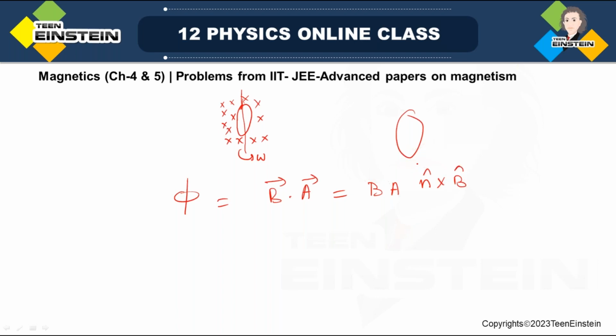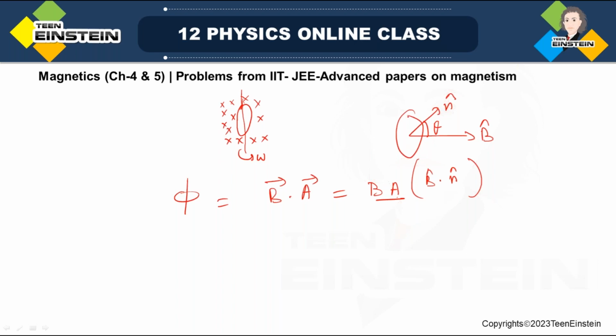BA are the magnitudes of the field and the area, N cap is the area normal, and B cap is the direction of the magnetic field.